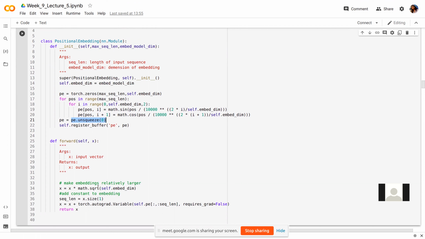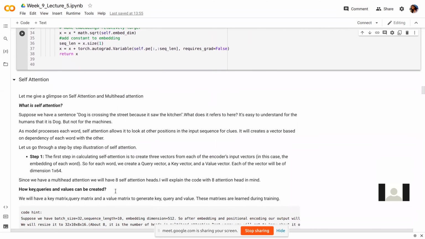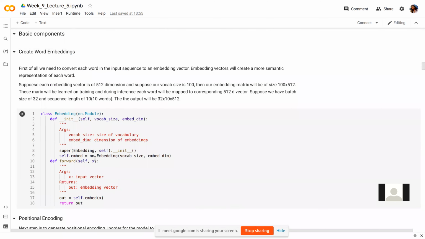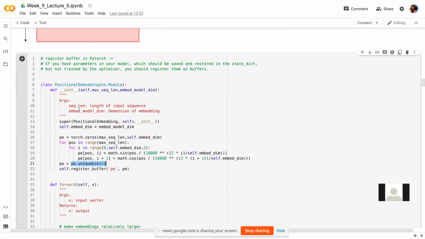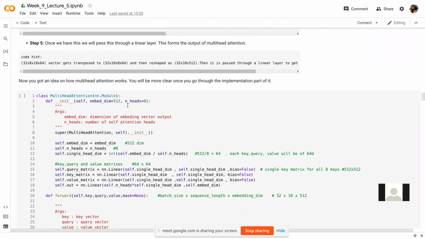It will multiply it with the square root of the self-dot embedding dimensions, and then the sequence length will be computed, and then it will add the x with this positional encodings here, okay, and return. So now this has computed. So we have computed the embedding here, class embedding, and the positional encodings, and added the positional embedding to the word embedding. The next step is to write the self-attention.